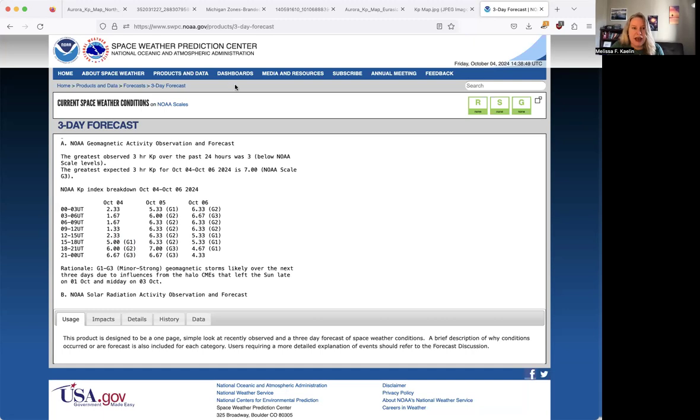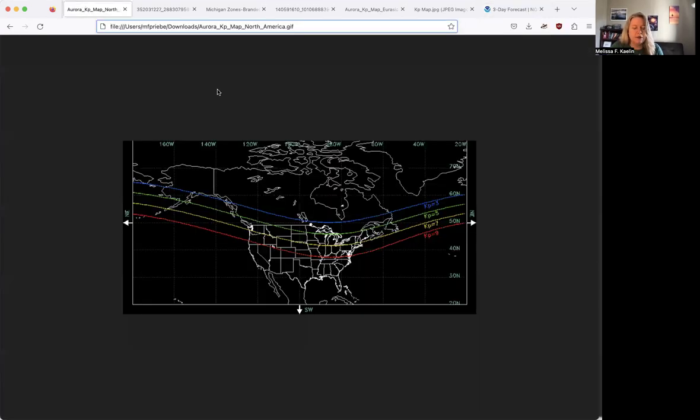So how do you read the map? Well, let's start with North America. This map is from NOAA's Space Weather Prediction Center, and you can find maps like these from other sources as well. You can see that the KP corresponds to a latitude where aurora could be present. So at KP3 or K3, again, when it's KP, it's a 3-hour average.